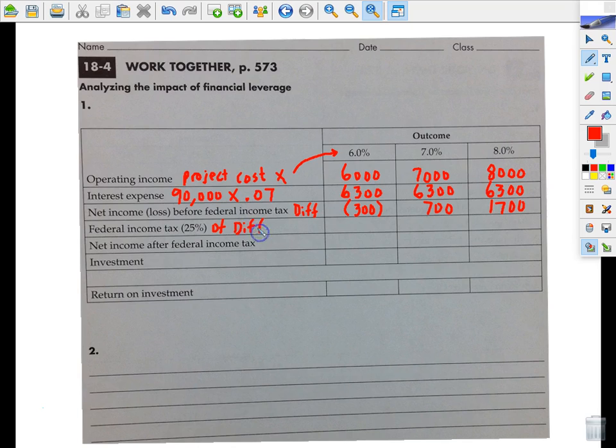Okay, now we're going to calculate income tax on this difference. So I just put 25% of the difference.